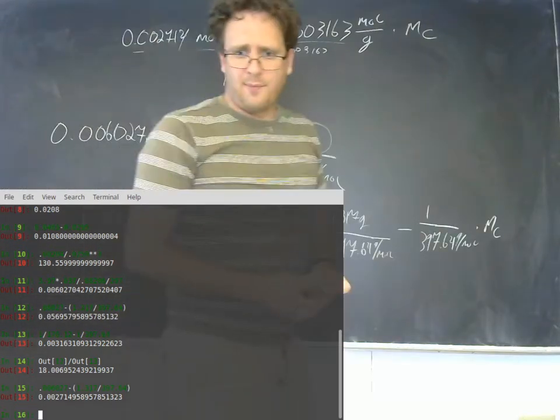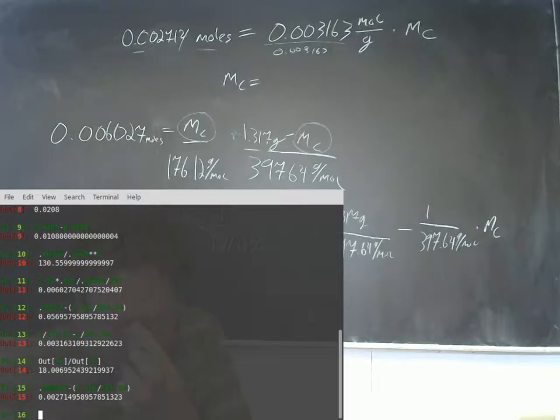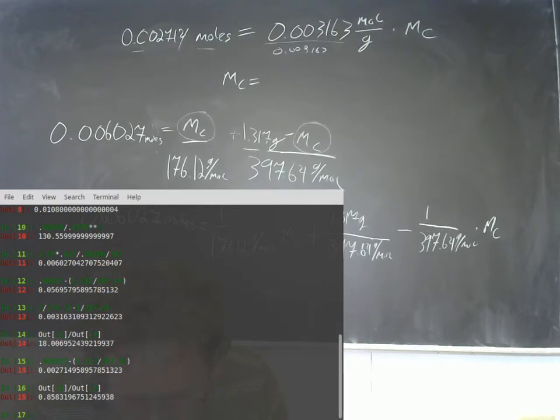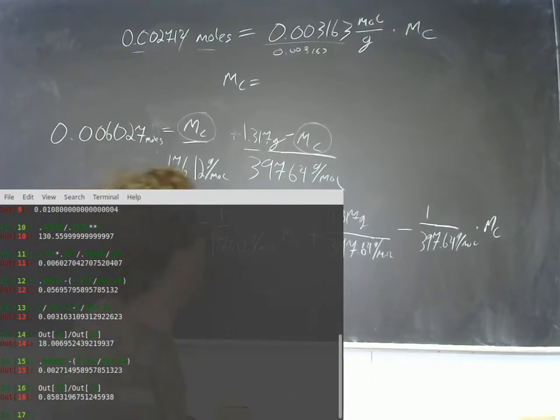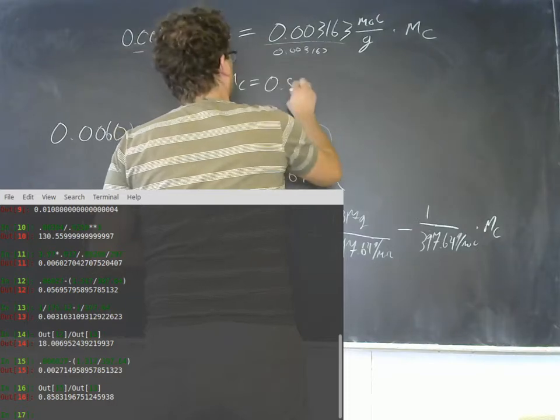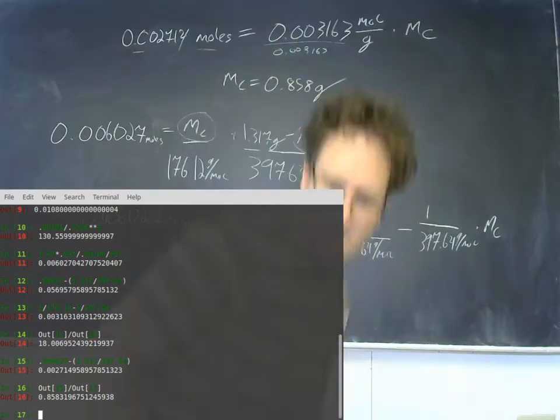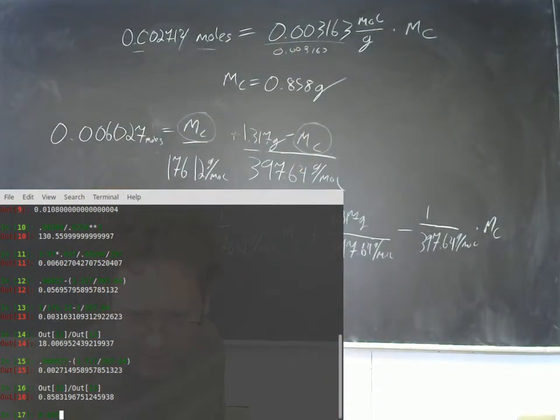Okay, and so now we're going to take 0.002714. We'll divide that by 0.00316. That's more like it. And so our mass of vitamin C is 0.858 grams.